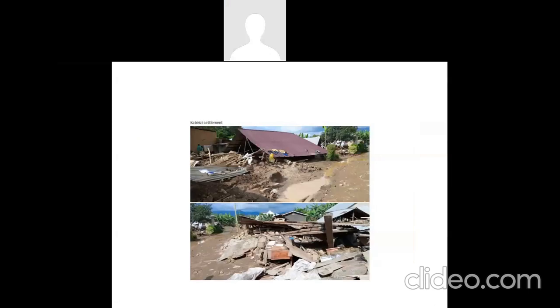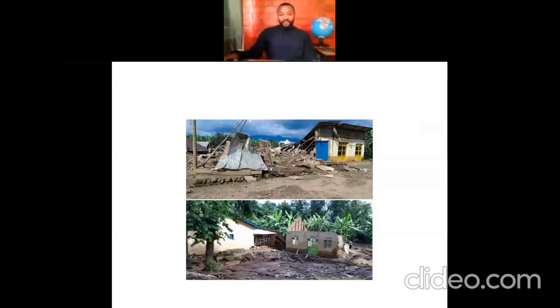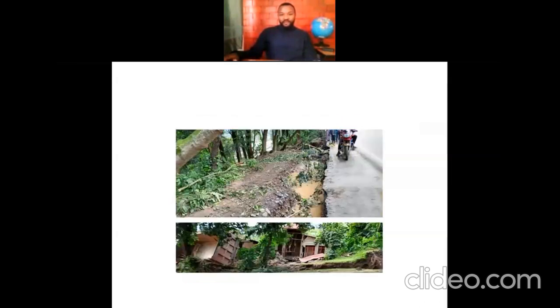This is Kabirizi settlement. So some houses were destroyed, others are still standing. The same settlement, Kabirizi. This is the truck that was taken away by the running water off the road.